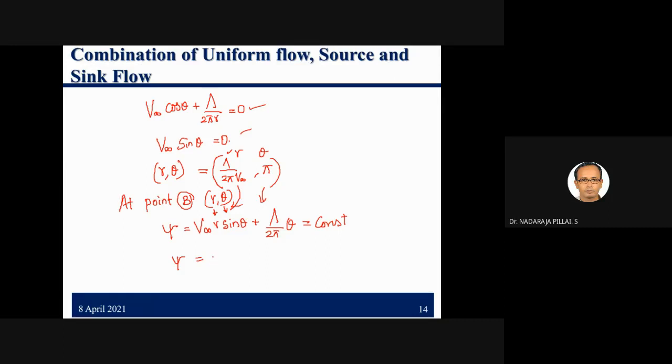In this case, we will get lambda by 2, that is equal to constant. Please work out and you will arrive at this particular function. Stream function is equal to lambda by 2. So this is for the streamline which is going through the stagnation point.